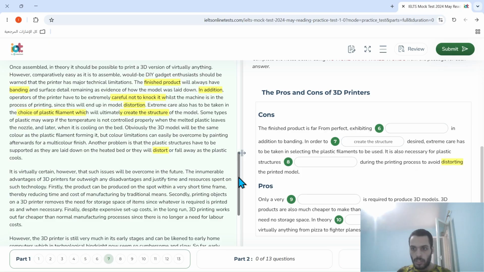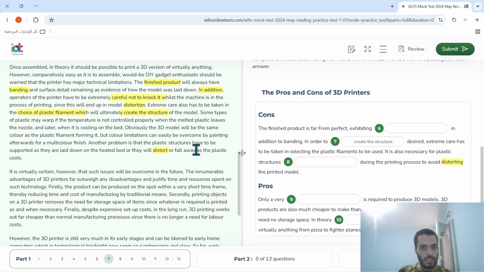It is also necessary for plastic structures during the printing process to avoid distorting the printed model. Plastic leaves the nozzle, and when it goes on the bed, the various layers of the 3D model would be the same color as the plastic filament, but limitation can be easily overcome by painting.